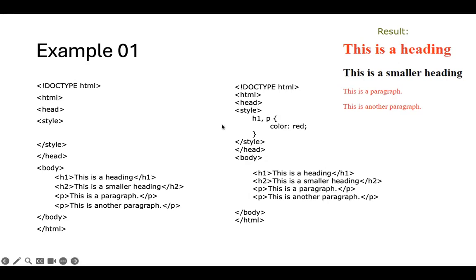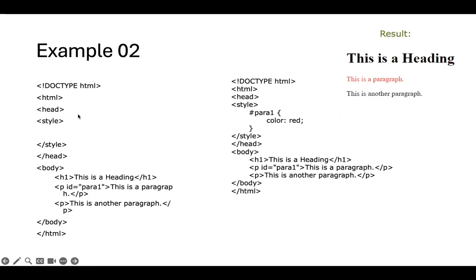That means we are going to add color to header 1 and the paragraph, right? Here you can see for the header 1 and for 2 paragraphs, the color changed into red, but not to H2. That means header 2, because we didn't specify a style for that, right?